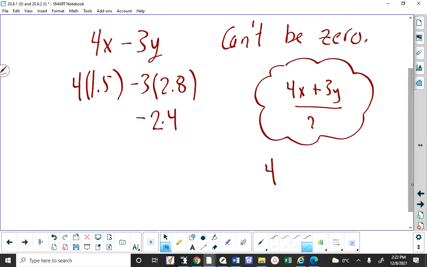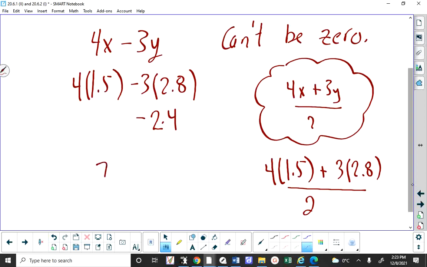We're going to take 4 times 1.5 plus 3 times 2.8, over 2. I get 7.2, but I just did that almost on autopilot in my head. So I would like you to calculate what that is. So the expression has a value of 7.2.